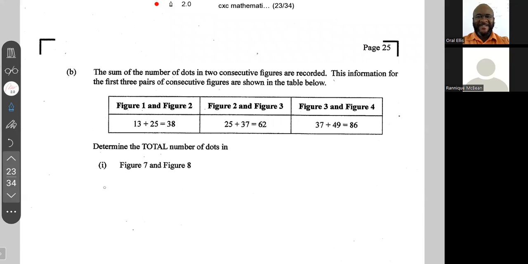Remember, the general term for the number of dots is TR is equal to 12R plus 1. So T7 is equal to 12 times 7 plus 1. T7 would be the number of dots in figure 7.